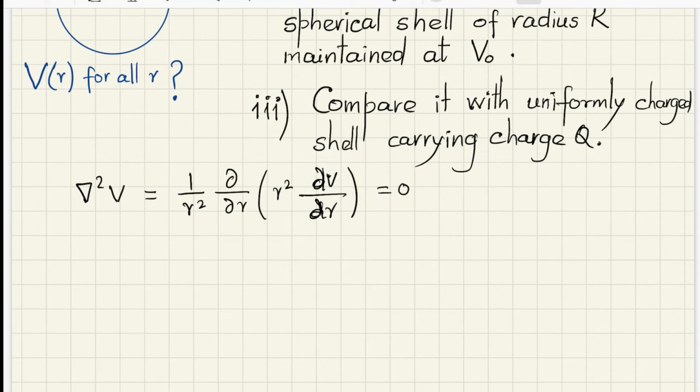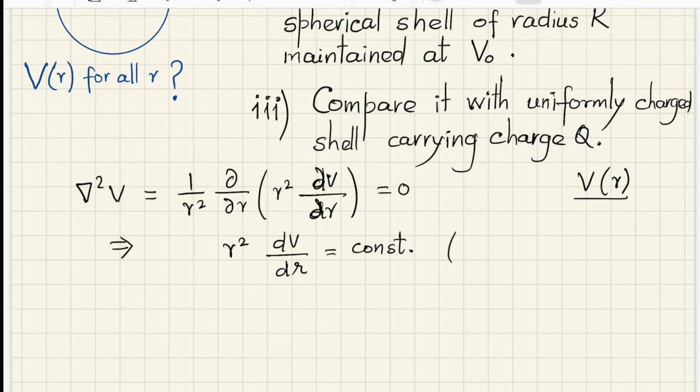Why are the other terms not there? Because it is already known that V(r) is spherically symmetric. Now only one variable is left, so it reduces to the fact that r squared dV by dr is a constant.